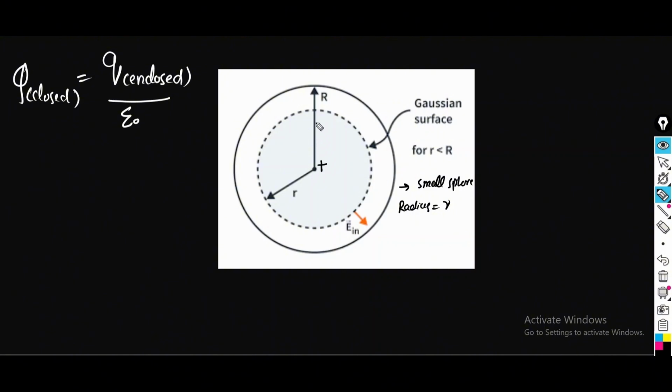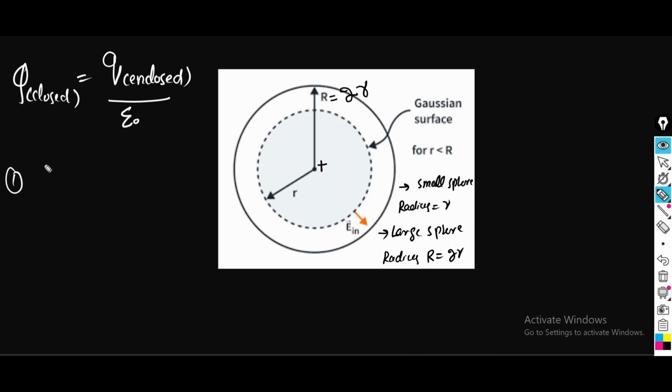So this Gaussian surface is r distance away from the positive charge, and this is capital R distance away from the positive charge, and this capital R is equal to 2 times the small r, the radius of the large sphere.